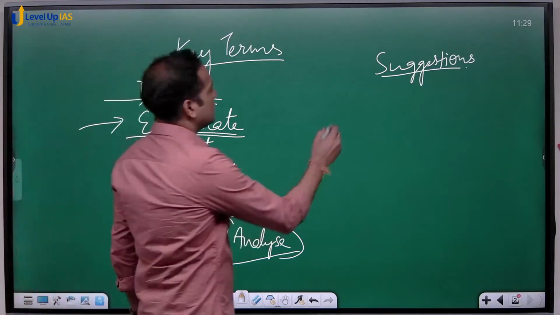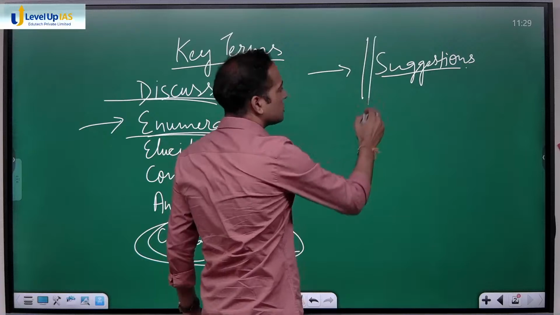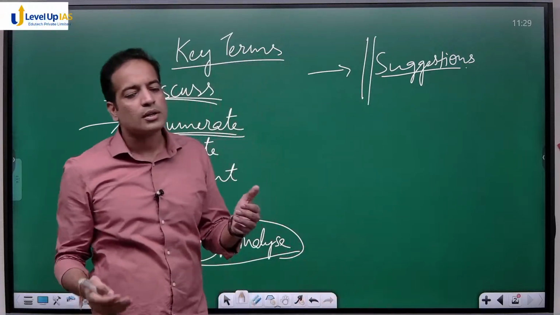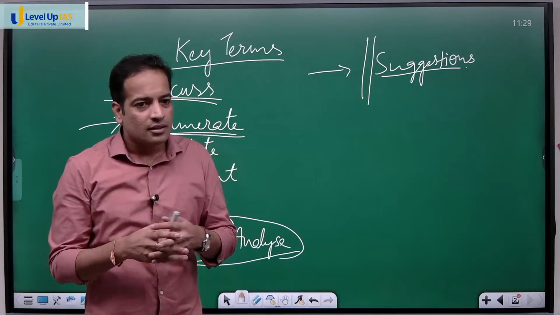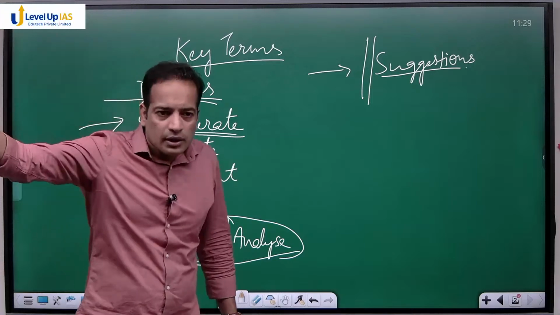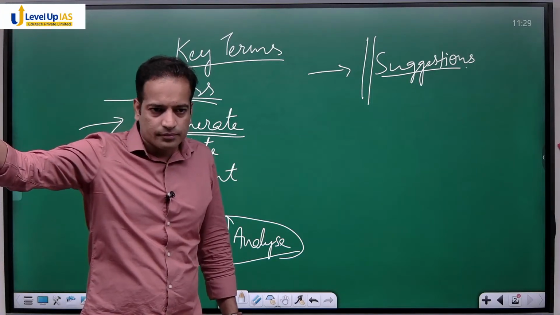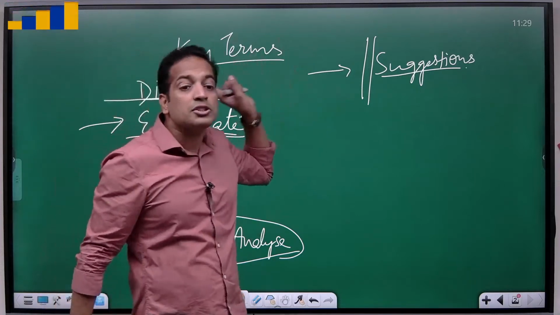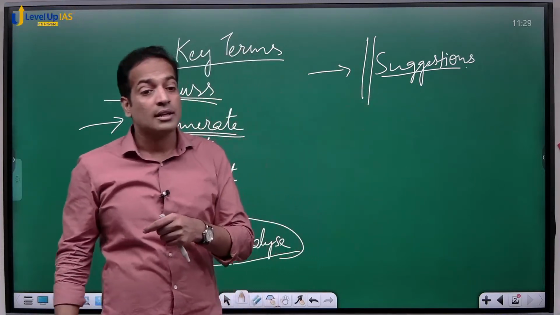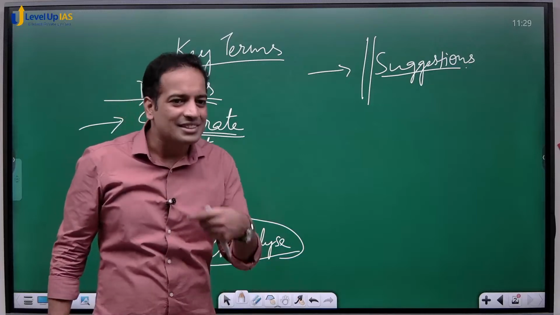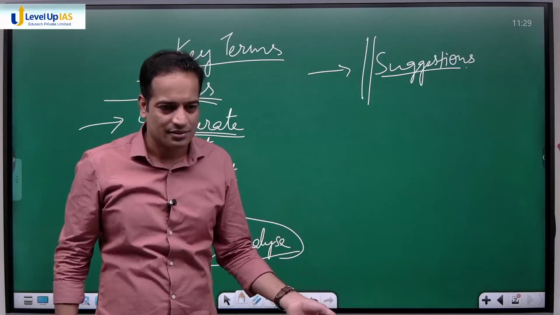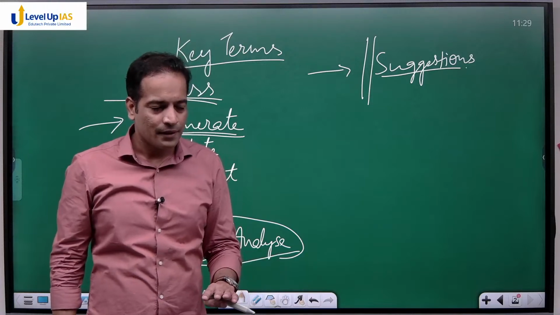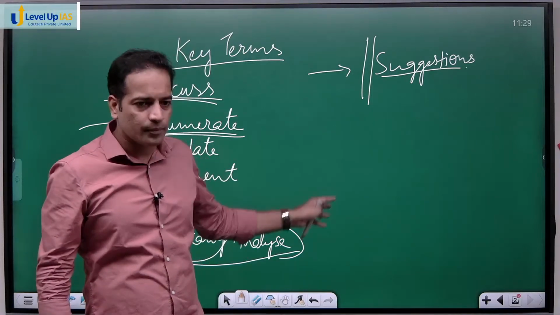Then suggestions, as you mentioned, it simply means, okay, what are the suggestions. And again, if you have got some concrete ones, then put that. Apart from that, suggestions means suggestions of various experts, committees, reports, recommendations. Okay. And after that we come to structuring.